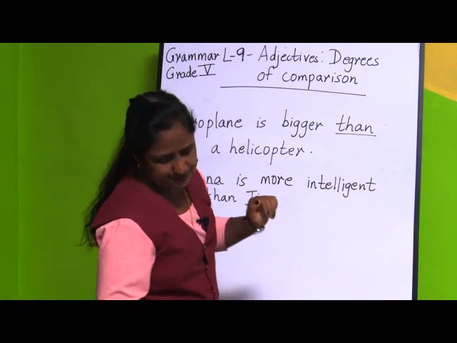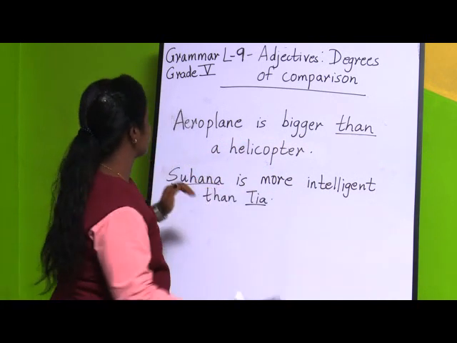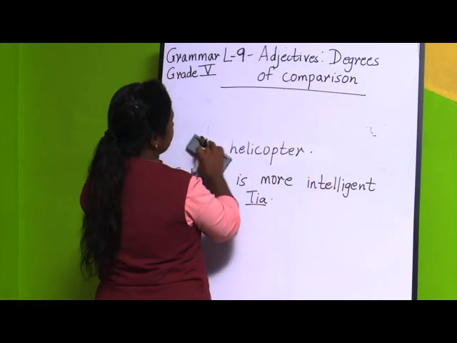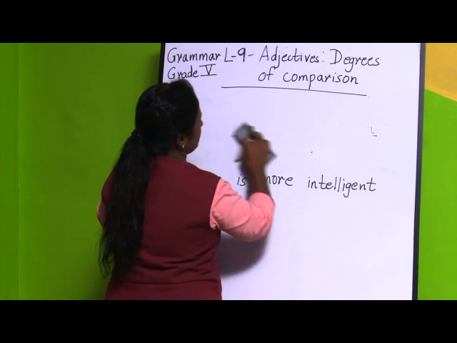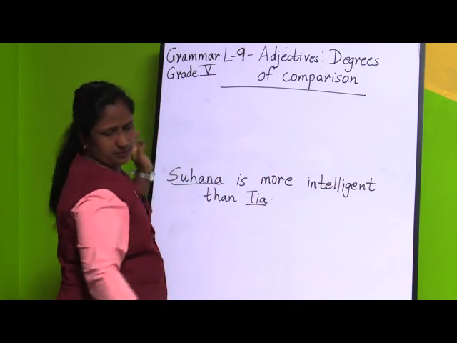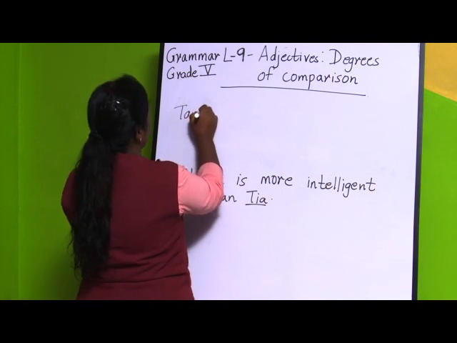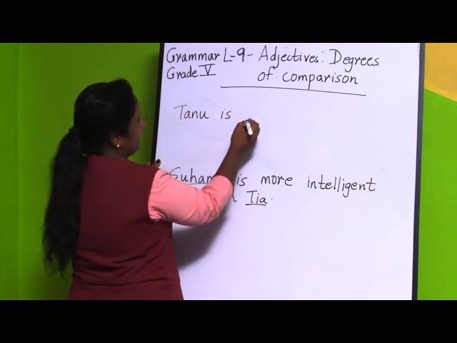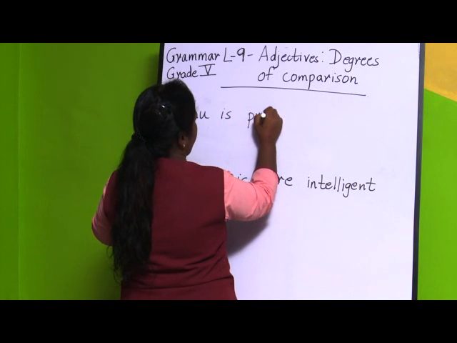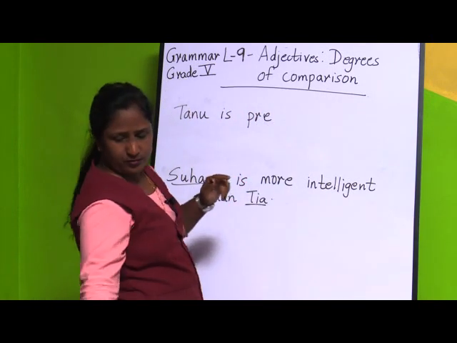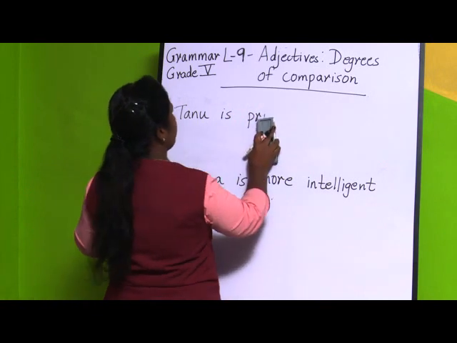Second example, if you take, Tanu is prettier. They have given pretty, so what will be the comparative degree for pretty?